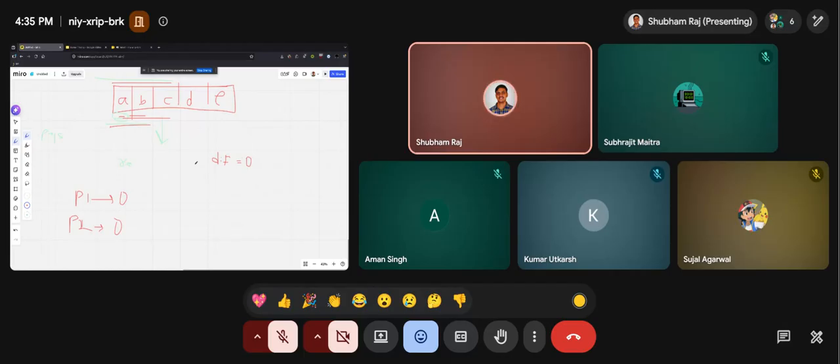Now, if his opponent picks another, suppose B, we need to subtract B from the difference, because this difference is for player one only.